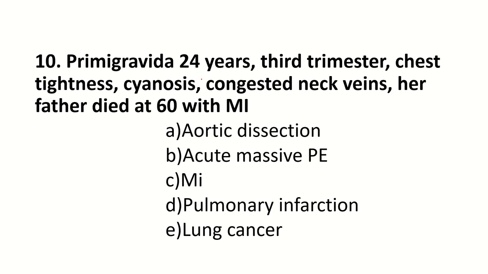Now, a primigravida, 24 years old, third trimester, with chest tightness, cyanosis, and congested neck veins. Her father died at 60 with myocardial infarction. Though this scenario is incomplete, it is easy for us: primigravida, that means a 24 years old.